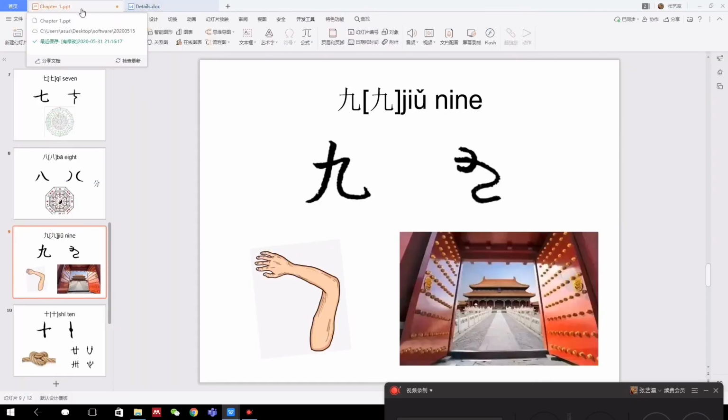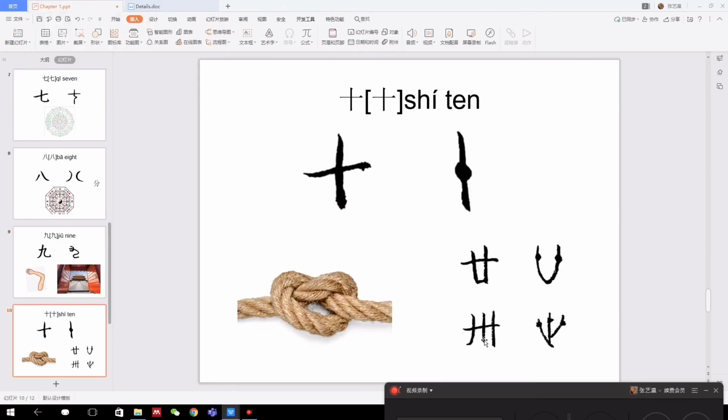And the last character is 10. 10 comes from a note on a rope, and it represents 10. And 2 notes is for 20. 3 notes on a rope is 30. In modern Chinese, it means 10.